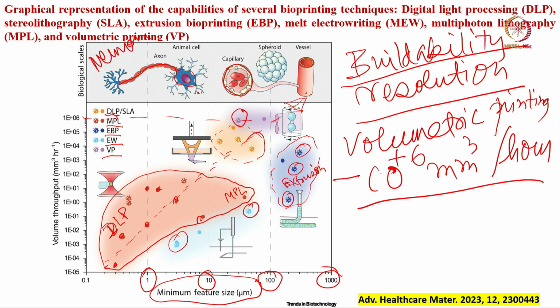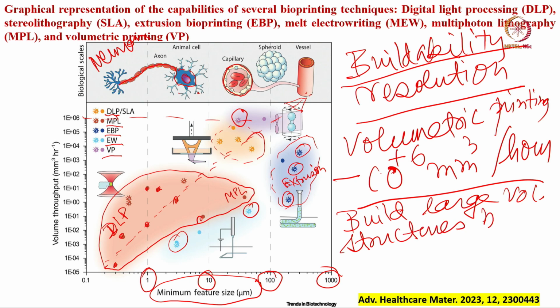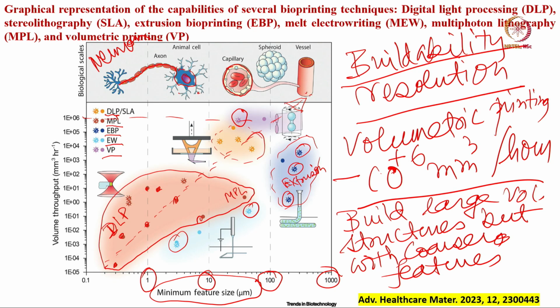What we have learned from this particular case is that you can build large volume structures, but with coarser feature size, like 100 to 1000 micron and so on.